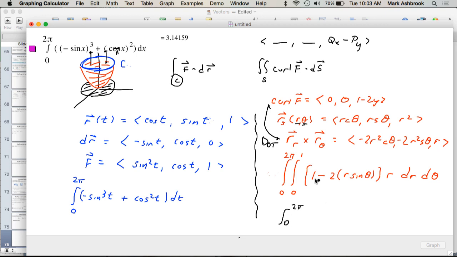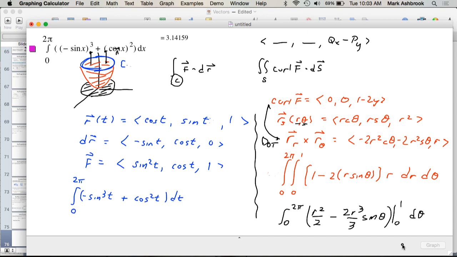That's easy. So we're going to get r squared over 2 minus 2r cubed over 3 sine theta. Check my math. And then from 0 to 1, d theta. Please let this be pi. Is this pi? Okay, good.